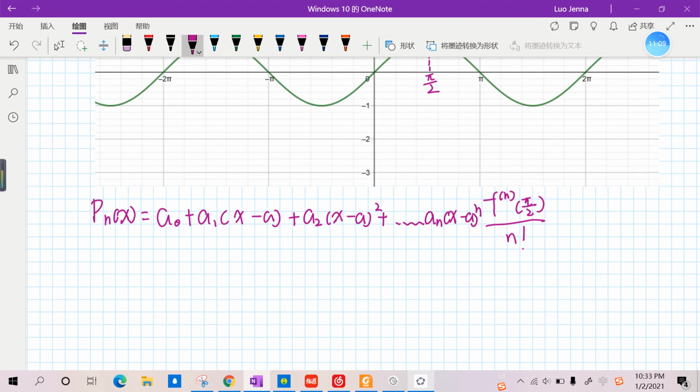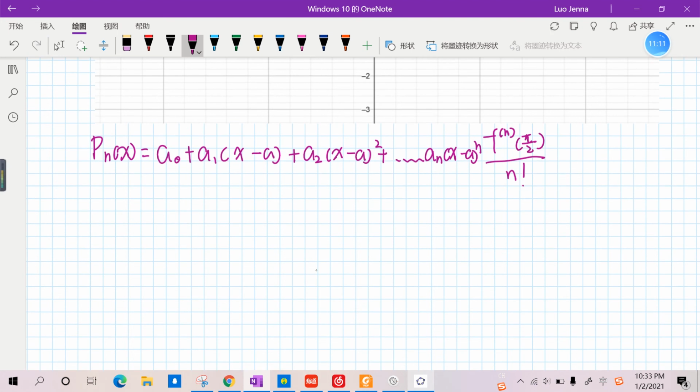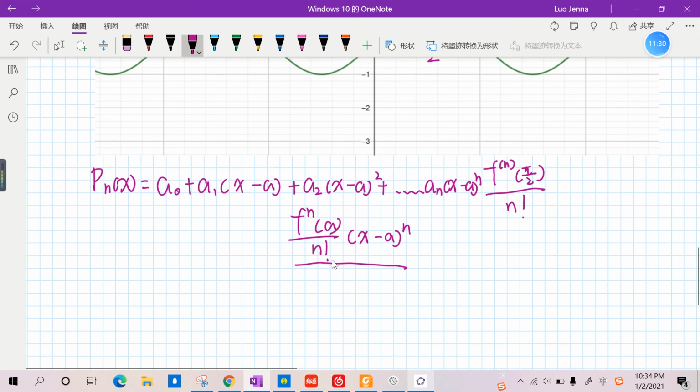So here, we can rewrite the Taylor polynomial in this form. So this is the approximation of a function at x equals a.